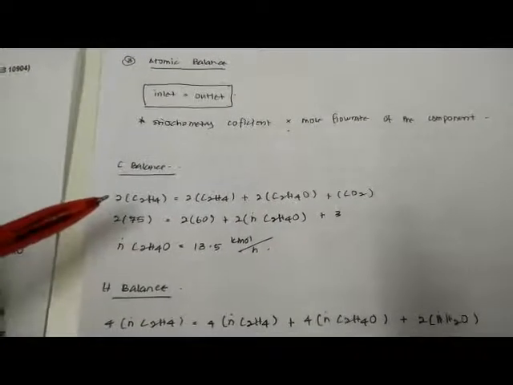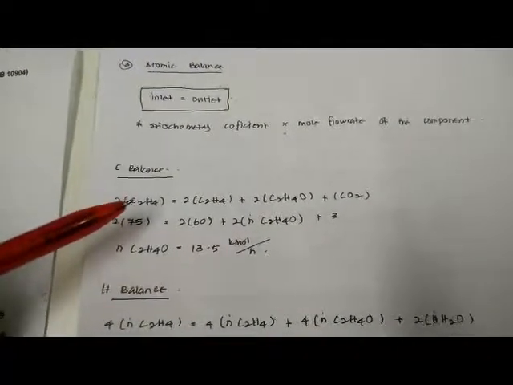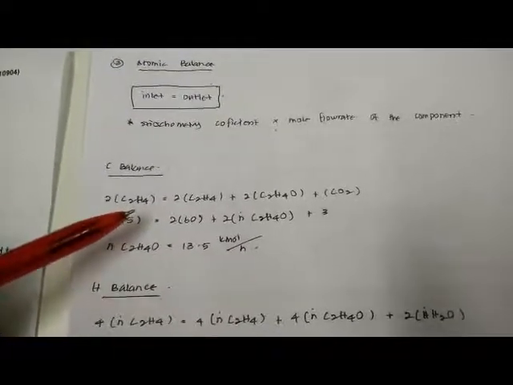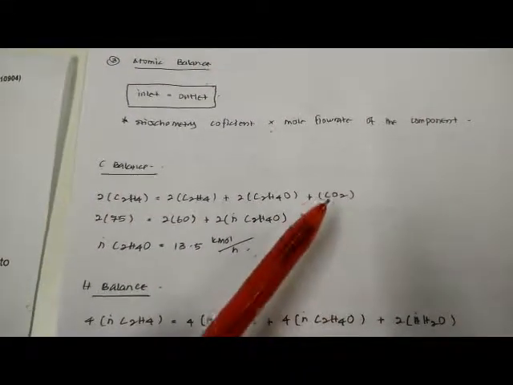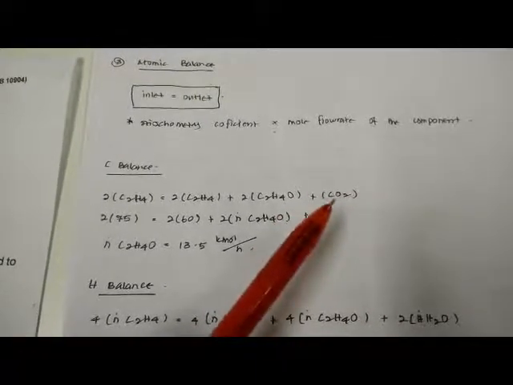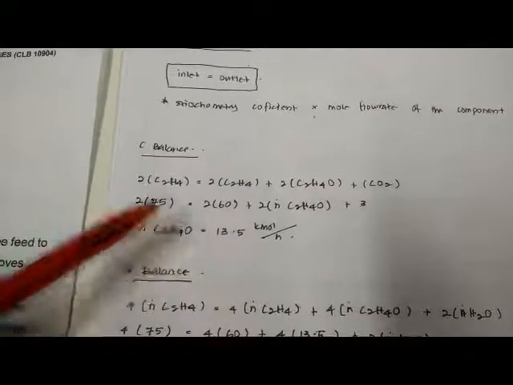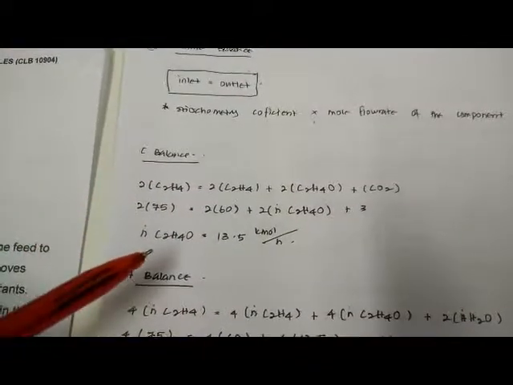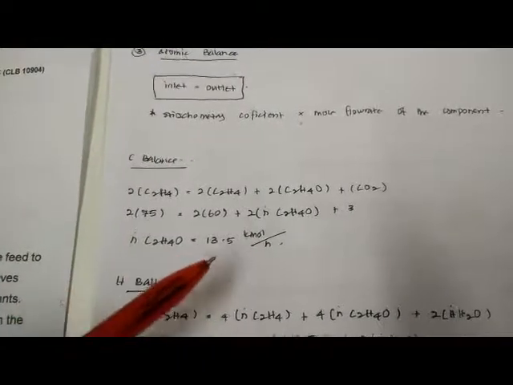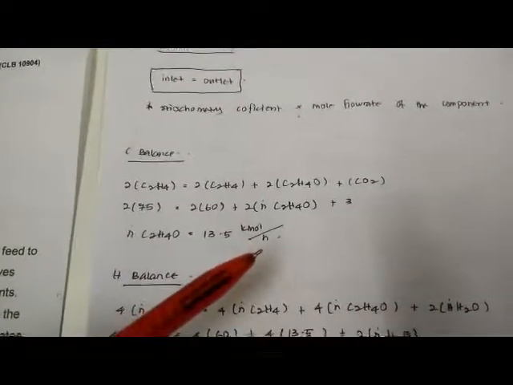We put 2 here just because ethylene has 2 coefficient for C, but carbon dioxide doesn't have any coefficient, so we don't need to times it with anything. So from the C balance, we get the mole flow rate of ethylene oxide is 13.5 kmol per hour.